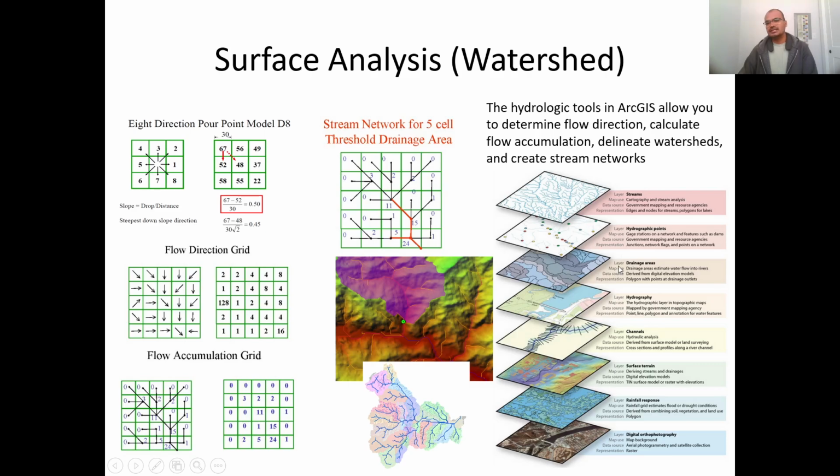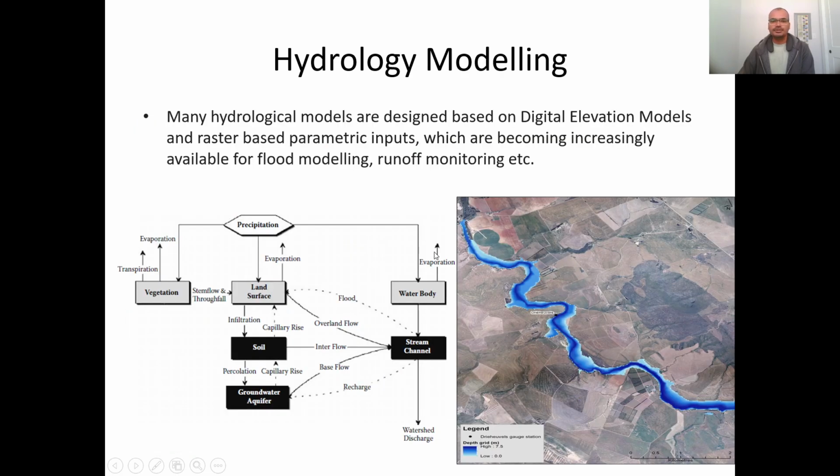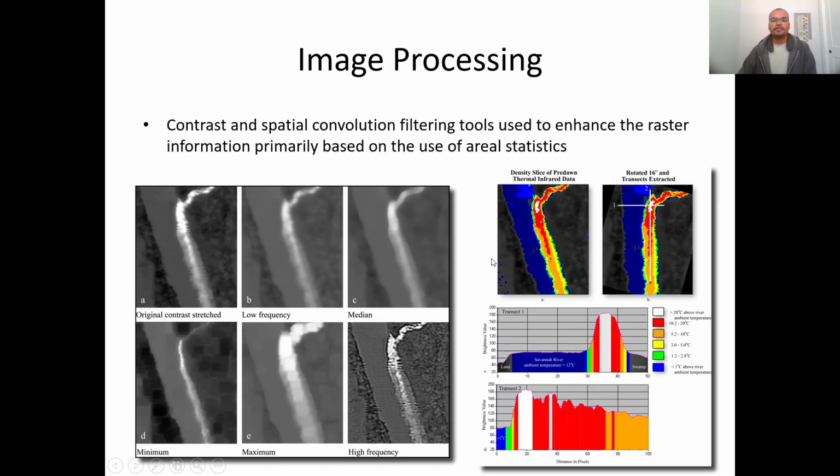Using these automatically extracted parameters combined with other layers, you can do hydrological modeling, and these models are very helpful for real-time analysis and to decode complex hydrological relationships. You can develop all these hydrological parameters as raster layers, combine them with hydrological equations, and perform modeling very beautifully with the help of raster datasets.